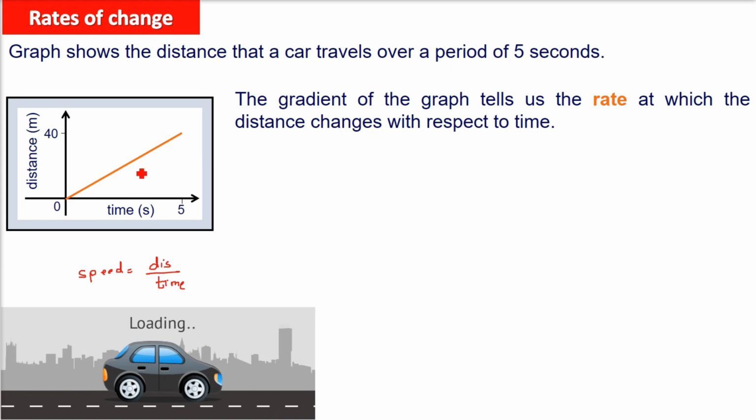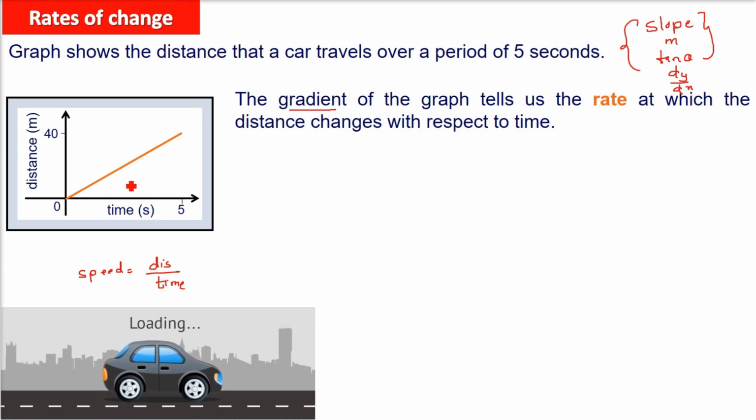So distance is changing with respect to time, and that is called the speed, and that is called the gradient here. So slope, m, tan theta, dy by dx, all are rate of change. Rate of change of distance with respect to time, rate of change of x with respect to y.